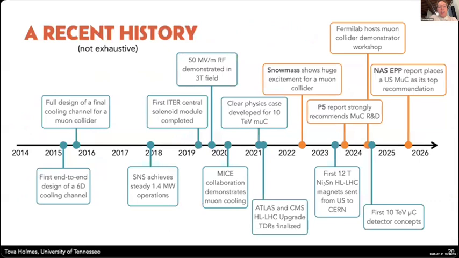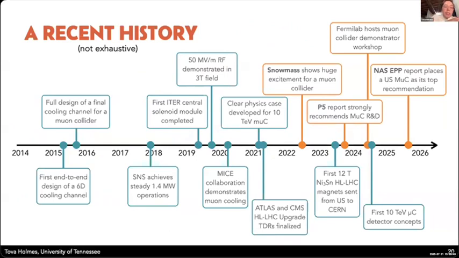Okay, so let me try and put some of this work into a timeline to give you a sense of a non-exhaustive recent history of Muon Collider work. So here in blue, I'm trying to highlight some of the major things that have happened either in the Muon Collider community or outside of it that have made it look like it was more feasible now to start working on a Muon Collider. So early on, you have cooling design in 2015 or so that looks really like it could work.